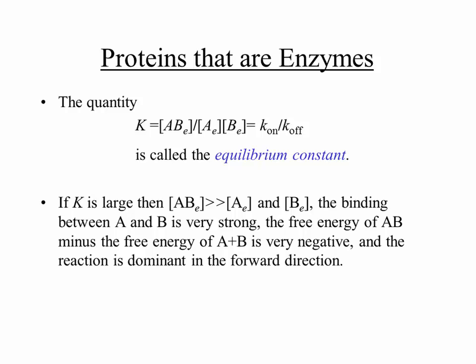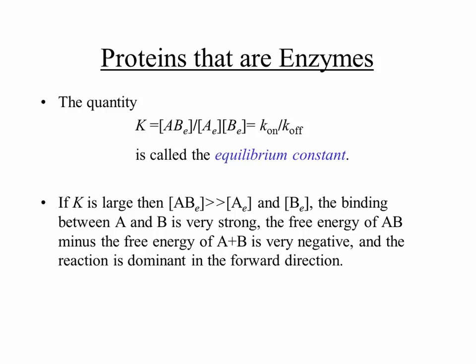Any questions? Yeah. So larger K means basically the concentration of AB is greater than A and B individually, right? And the reaction usually proceeds in the direction in order to reduce the concentration. No, this is equilibrium concentration.